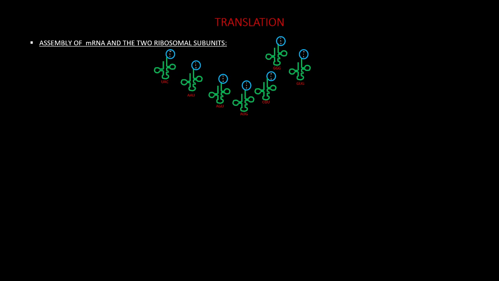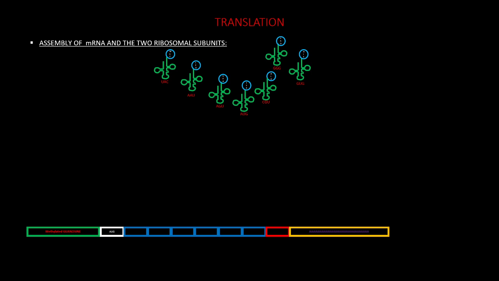On the top, you can see these green labeled tRNAs along with the blue colored amino acids that are attached to them. They're ready, and here comes our mRNA.